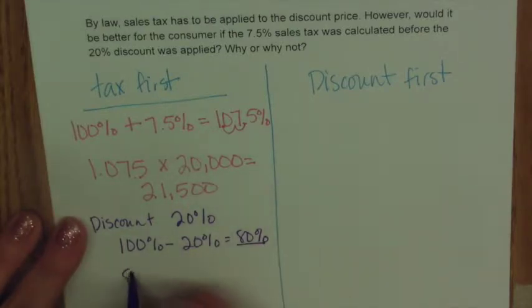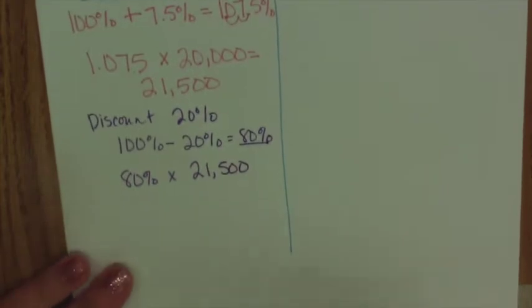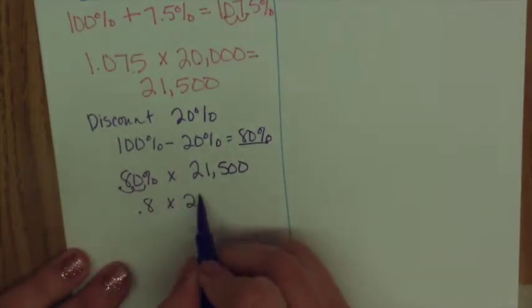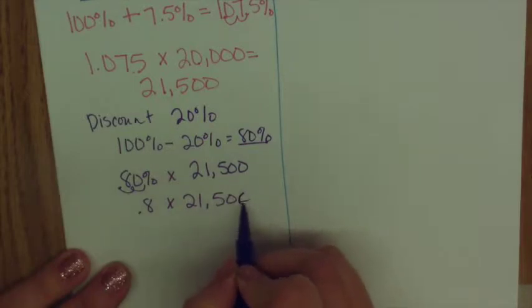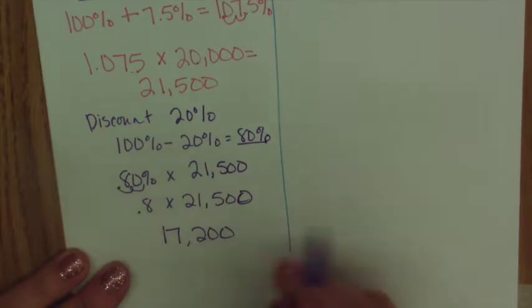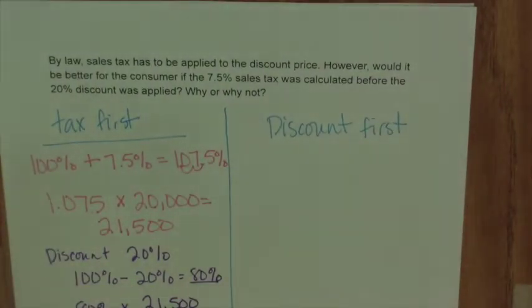So we're going to do 80% times the cost of the vehicle with the sales tax. So we change this to a decimal, 0.8 times 21,500, and we get $17,200.